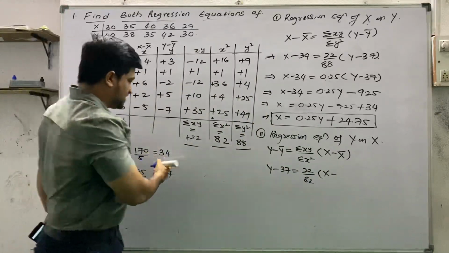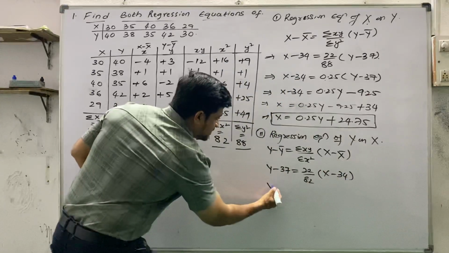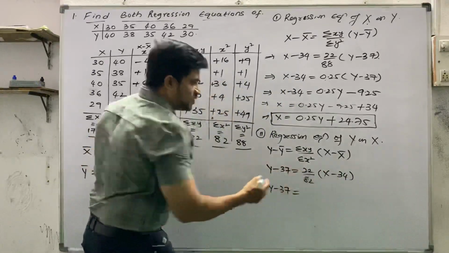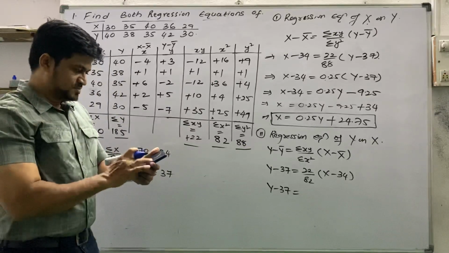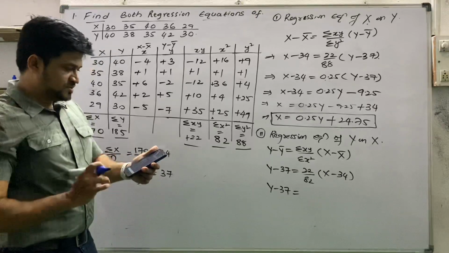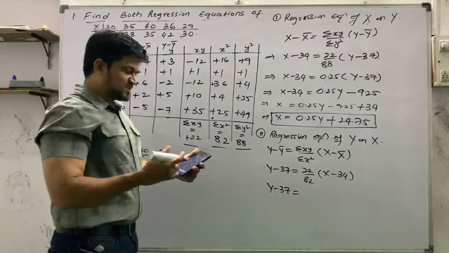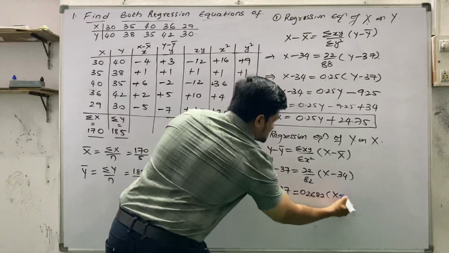Mean of x is how much? 34. Now y minus 37, 22 divided by 82. So 0.2682 we got into x minus 34.